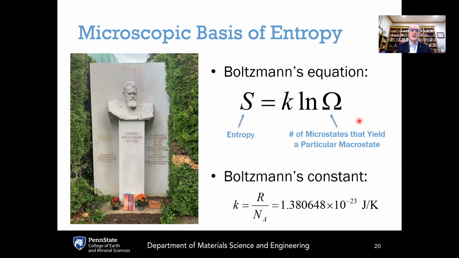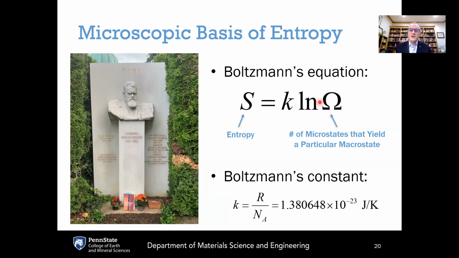So if you have only one configuration of atoms that determines the entire macrostate of the system, you put a 1 in here, the logarithm of 1 is 0, and the entropy is 0. So why is Planck's statement of the third law valid?